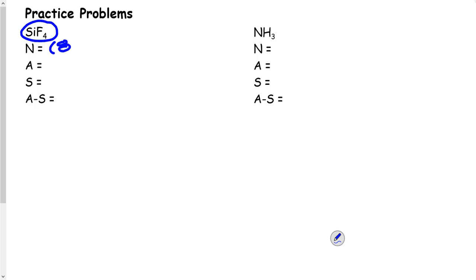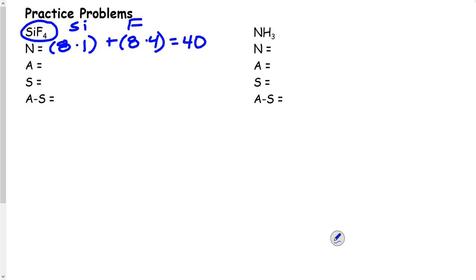I look at my silicon, and there's one silicon, so it's 8 times 1 to represent Si. To that, I'm going to add fluorine. Now when I look at fluorine, it also has a multiplier number of 8, but this time there are 4 fluorines. So now I have to just do some very easy math. 8 times 4 is 32, plus 8 is equal to 40. And notice that I get an even number.